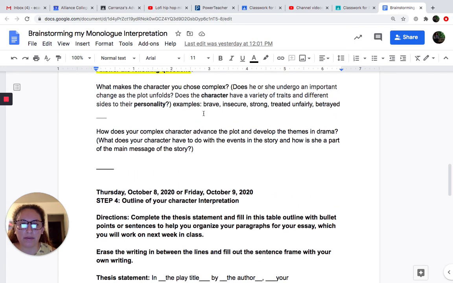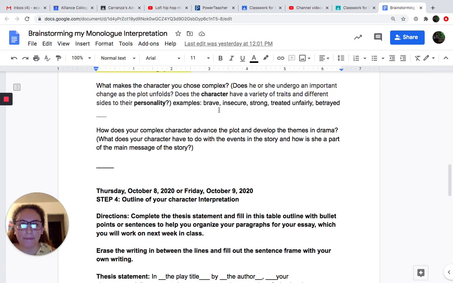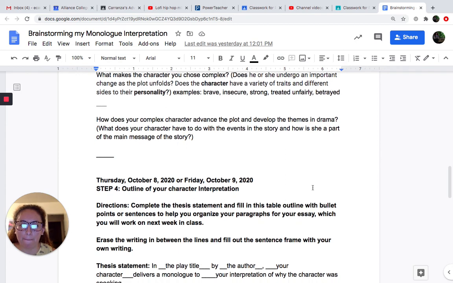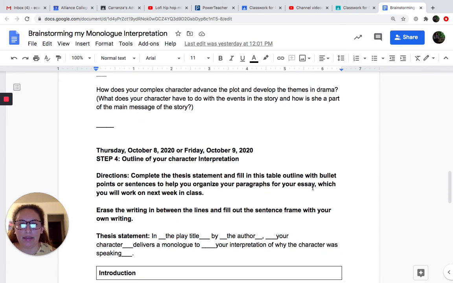So to connect back to my example of Lady Capulet, I would say that she seems like a strong woman who believes in her ideals very strongly, and she also feels that her family is not being treated fairly. And then for the second part, how is she part of the theme of the excerpt of Romeo and Juliet?